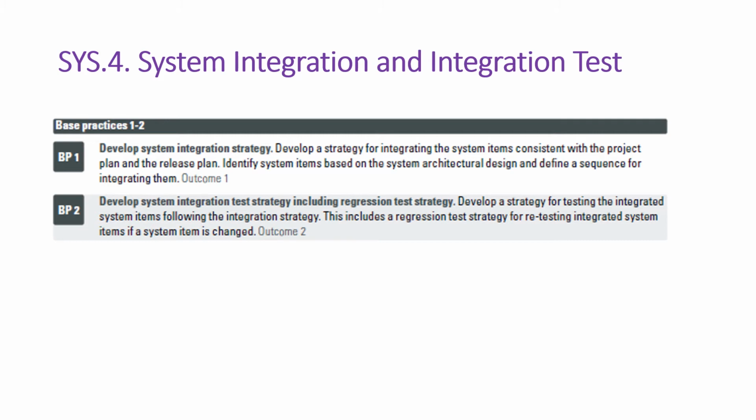For retesting, or if there is a change in the requirement, before implementing the change you will do an impact analysis, right? Based on the impact analysis, you will get to know which system items are getting impacted. Only the testing related to that particular system item is what we do, and that is called regression testing.